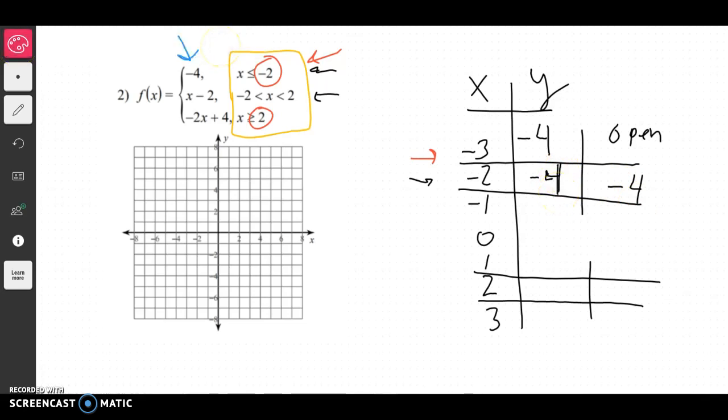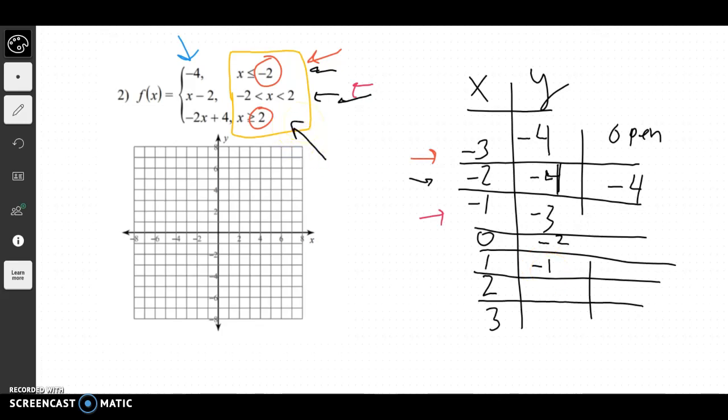The next one we are going to do is -1. -1 would fit into this because -1 is between -2 and so we get -3. 0 again would fit into that one, so you'd get -2. 1 would again fit in this one, so you'd get -1. 2 would fit into this bottom one, and if you plugged into this bottom one, you get -2 times 2 plus 4, so you get 0.